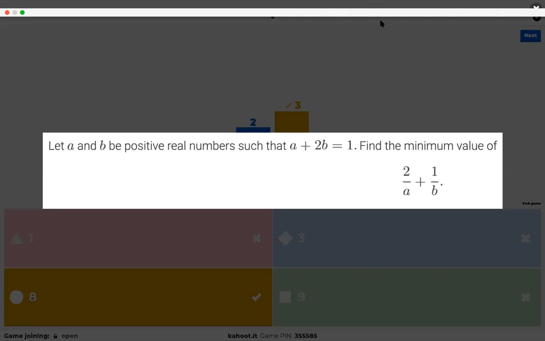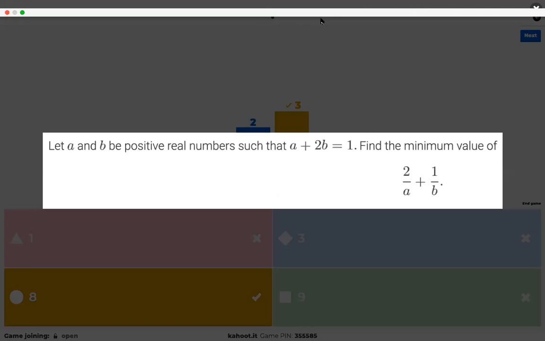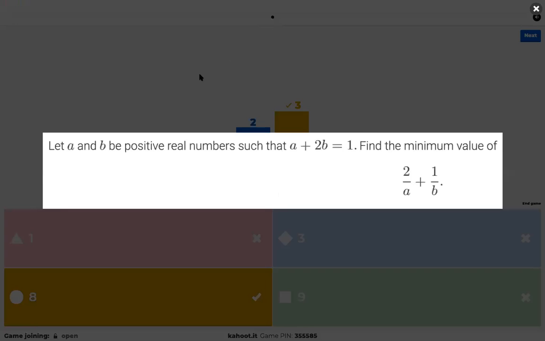Did anyone solve it using Cauchy-Schwarz? I'll go over it real quickly. But basically, let's let A, 2B be one list, and then 2A and 1 over B be the other list.